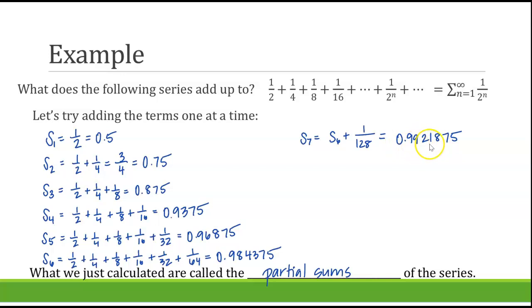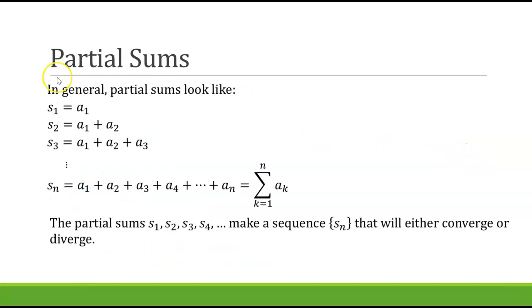We ended with 0.99, and we can try to determine whether that new list, this sequence of partial sums, converges or diverges. For this example, it's reasonable to think, looking at the first 7 partial sums, that this infinite series converges to 1. It looks like I'm getting closer and closer to 1 here.